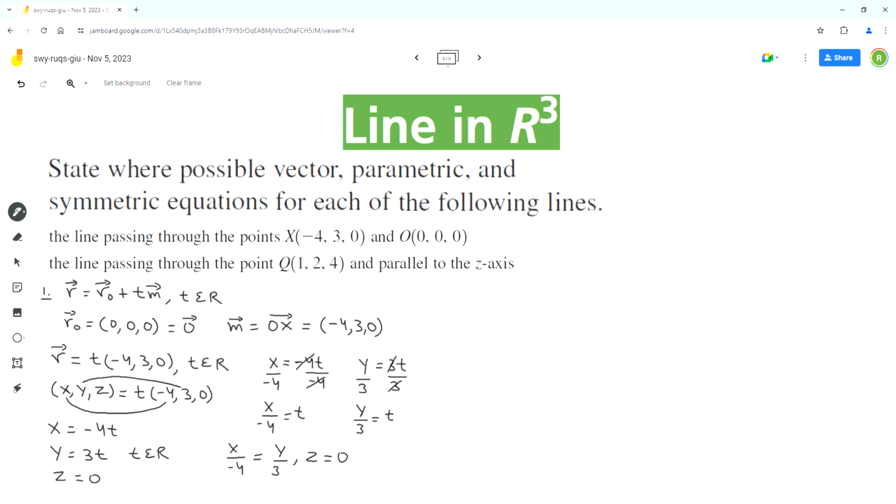Now we can analyze the second line. The second line passes through point Q and is parallel to the z-axis. So let's start with the vector equation.